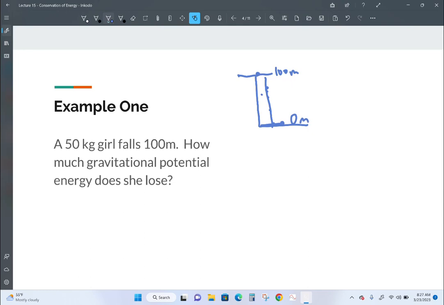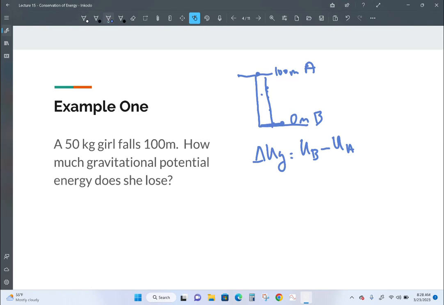If she starts here at point A and she ends up at point B, her change in potential energy is going to be the potential energy at B minus whatever she started out with, the potential energy at A, because the change is always the final minus the initial.